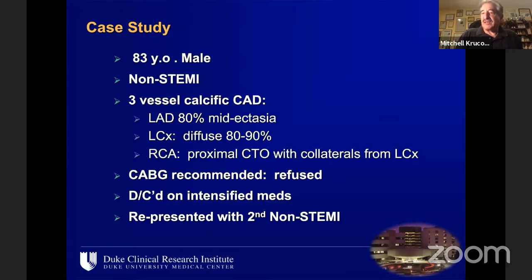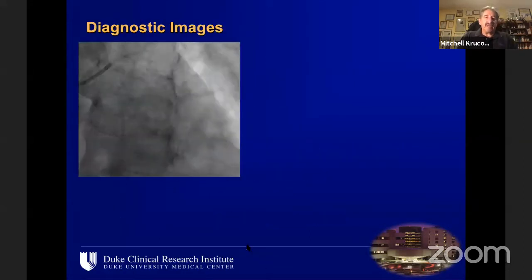He was taken off the table because he had reasonable distal vessels for CABG, but not simple. Because of his age, he really was not interested in open heart surgery, so his medications were greatly intensified. Despite that, two weeks later, he came back with a second non-ST elevation myocardial infarction.